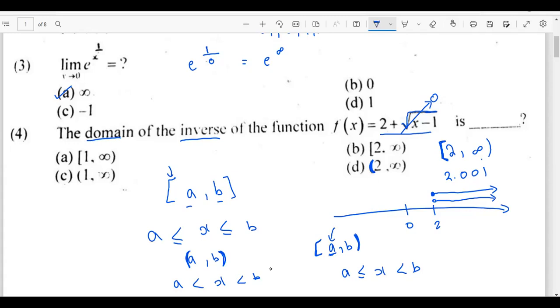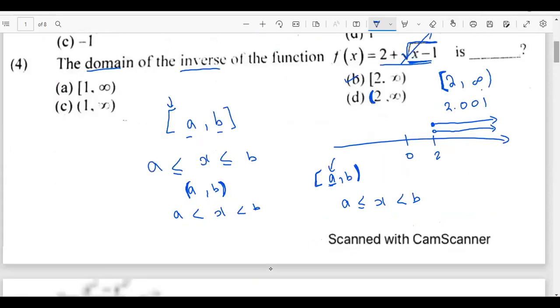And then we would have all the numbers between a and b, and a would also be included. So B is the answer, because 2 is included. Yes, 2 is included. Very good.